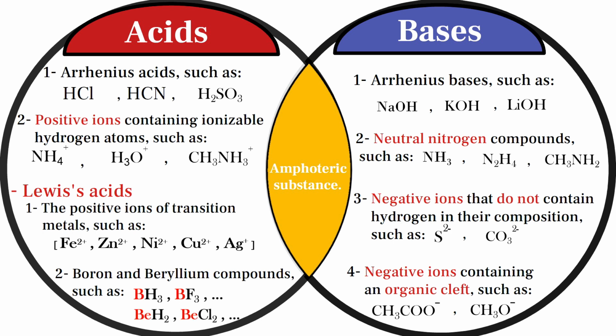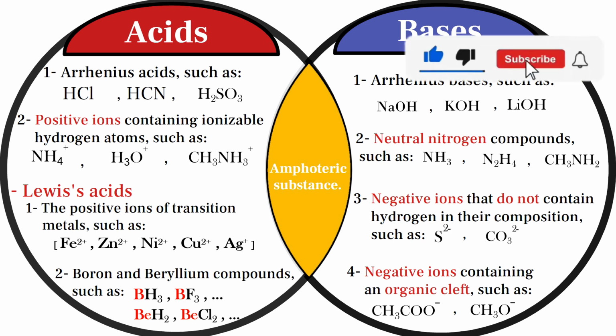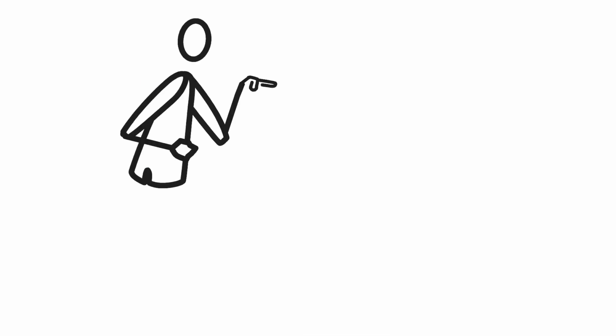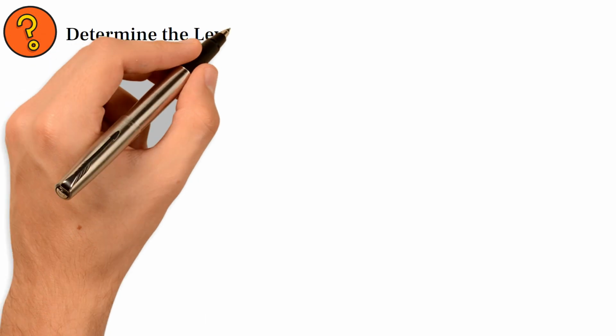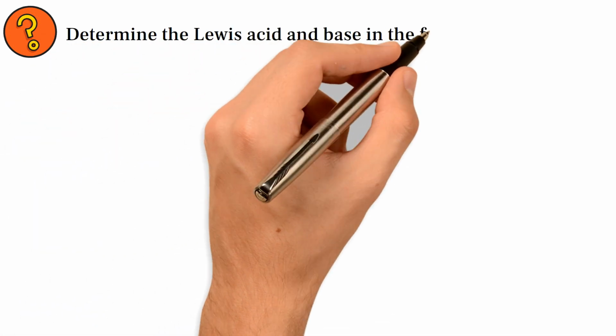While the bases remain the same, and Lewis did not come up with new ones. Now let's solve together a set of examples on the concept of Lewis. In the first example here, it's required to determine the Lewis acid and base in the following reaction.